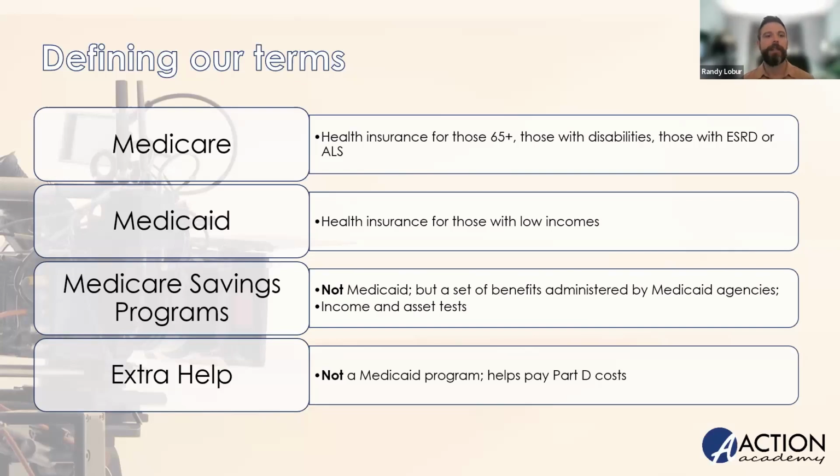First one is the Medicare savings program, which in itself is not Medicaid. So whenever you hear someone say MSP, it doesn't necessarily mean they're on Medicaid. But these benefits tend to be administered by state Medicaid agencies, as they are here in Michigan.